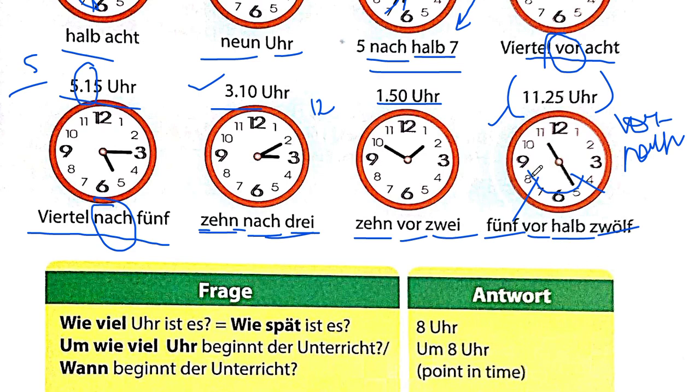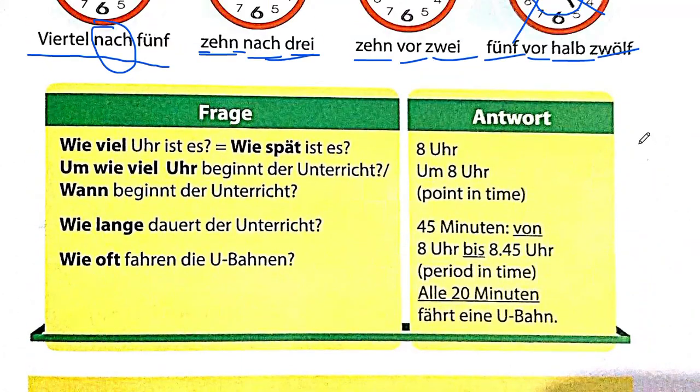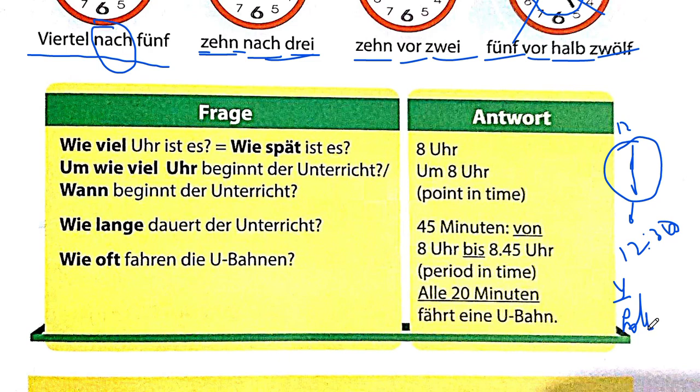How to do it? Let me just make a clock here. This is 12, this is 6, so it's 12:30 right now. Okay, it's 12:30. So how would you say 12:30? 12:30 is half of 1 o'clock. So you will say halb ein.